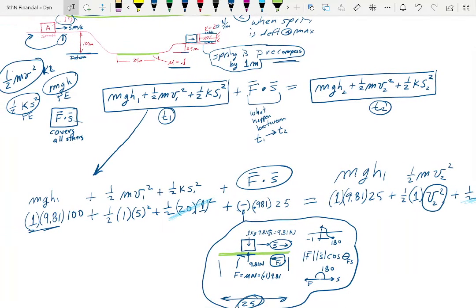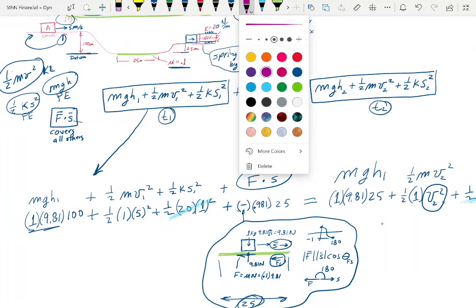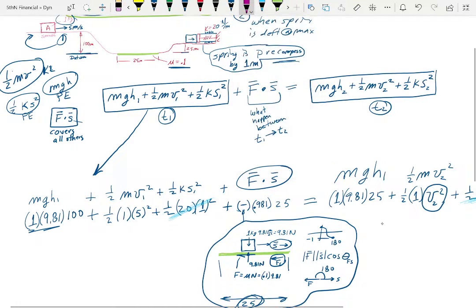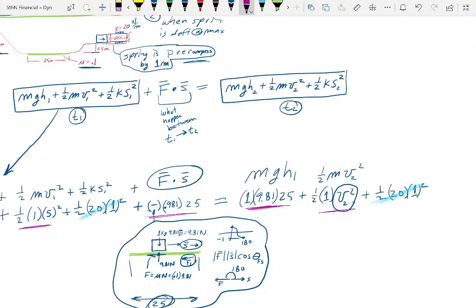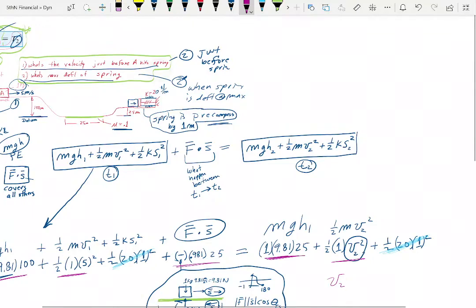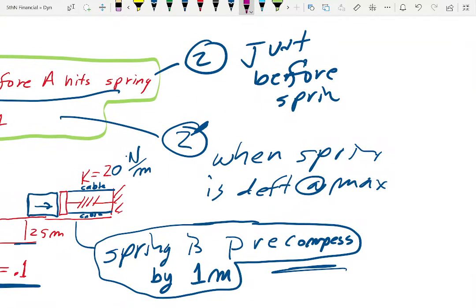You'll know this value; you can calculate it. Move that value over to the left-hand side, and you can solve this for V2. Now, with that in mind, let's look at when the spring is deflected. This is awful handwriting. When the spring is deflected at the maximum.